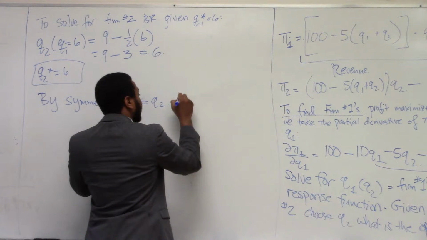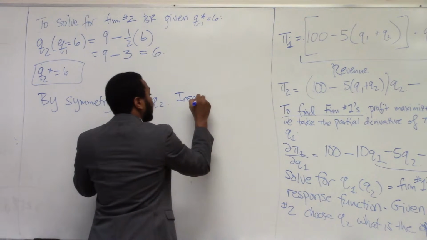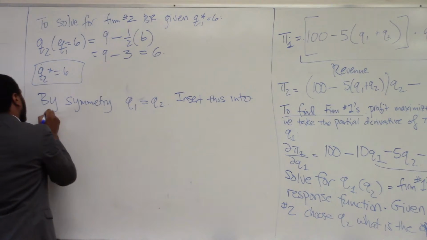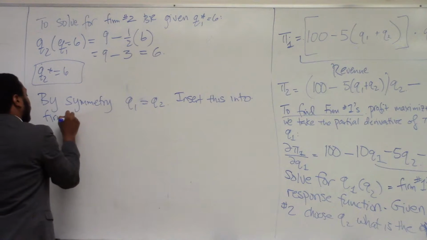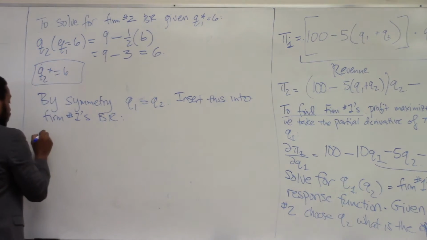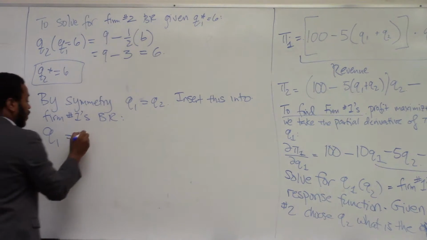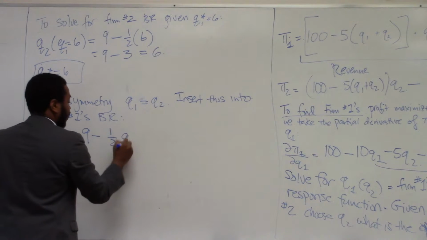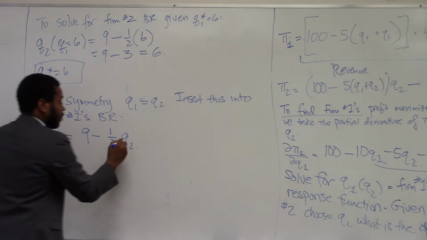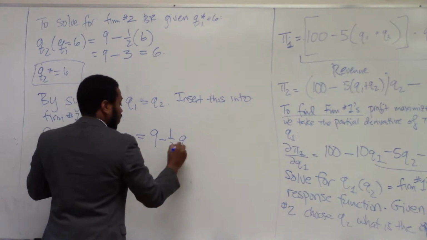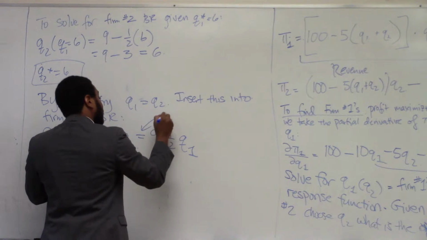So we could insert this into firm number 1's best response function. So we have Q1 is equal to 9 minus 1/2 Q2, which is going to be the same thing as 9 minus 1/2 Q1. And this is by symmetry.